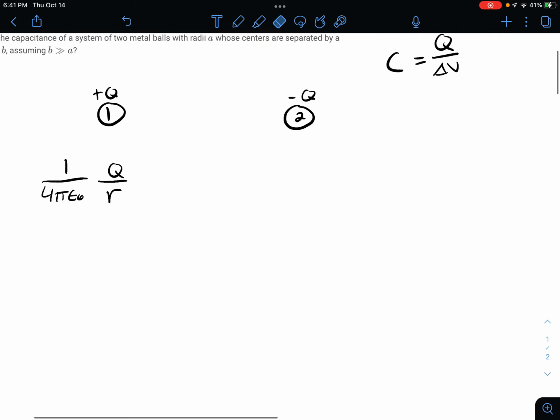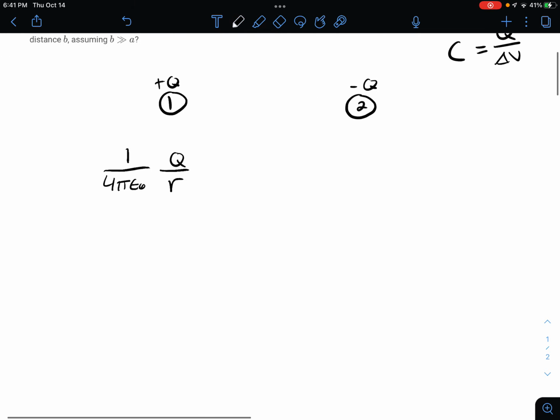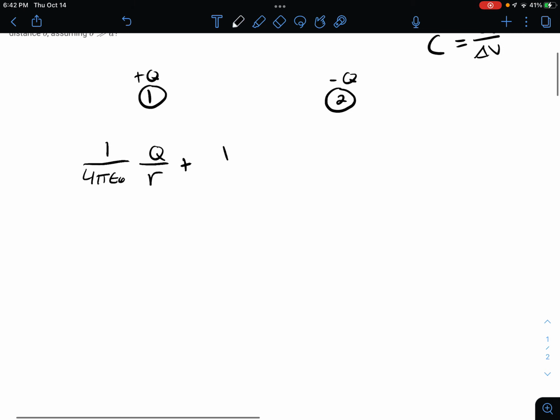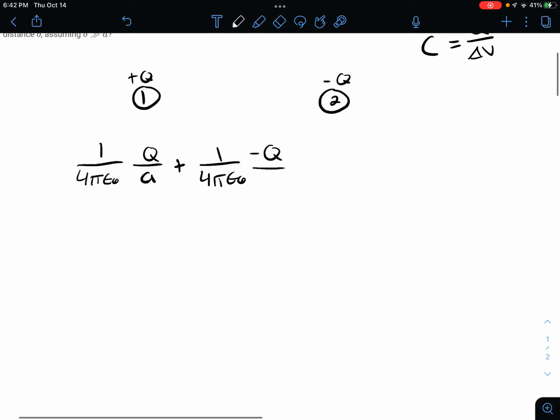So that's that, and then since there's this ball and also the effect of this one over here, we have 1 over 4 pi epsilon naught times negative Q over the distance, which for the positive Q is going to be b.